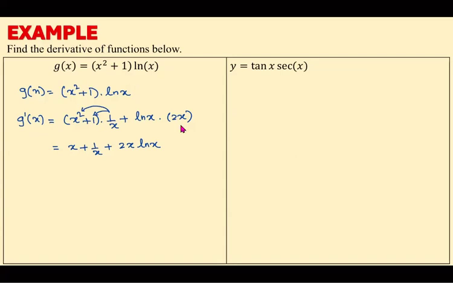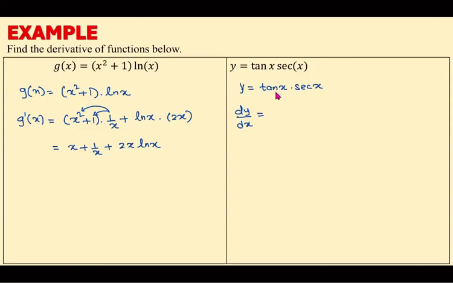Okay, the next one involves trig functions, a product. So let's see how we can do that. We have y equal to tangent x multiplied by secant x. So the derivative dy over dx is equal to, okay, let's use the product rule.